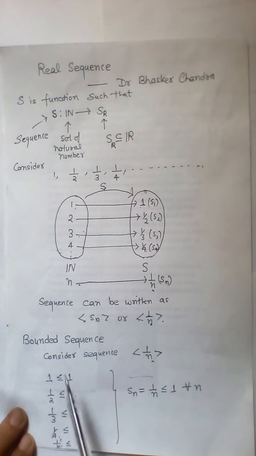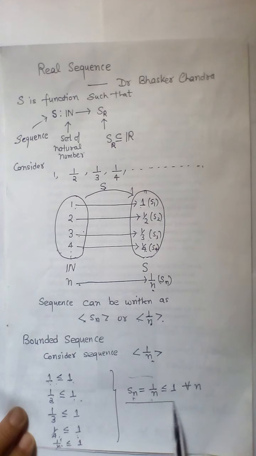See, here we can find that every member of the sequence is less than or equal to 1. The first member is equal to 1, the second member 1 by 2 is less than 1. So I can say that every member of the sequence is less than or equal to 1.